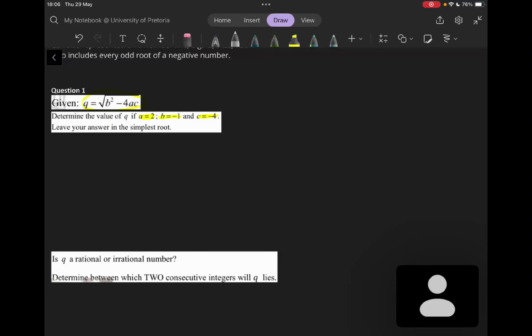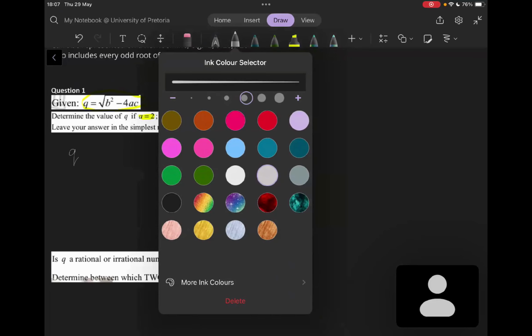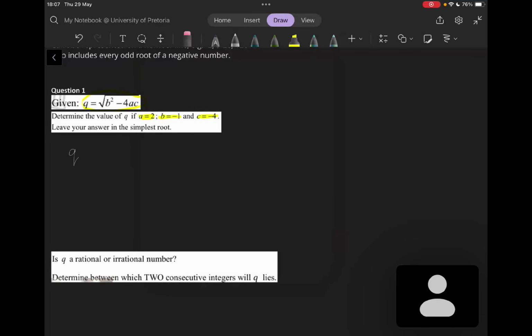Right, let's do that. Let me just write this down. We have Q is equal to the square root of B squared minus 4AC.